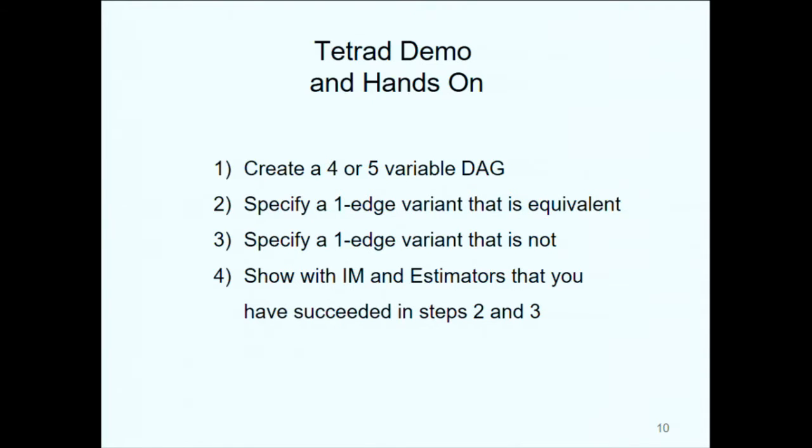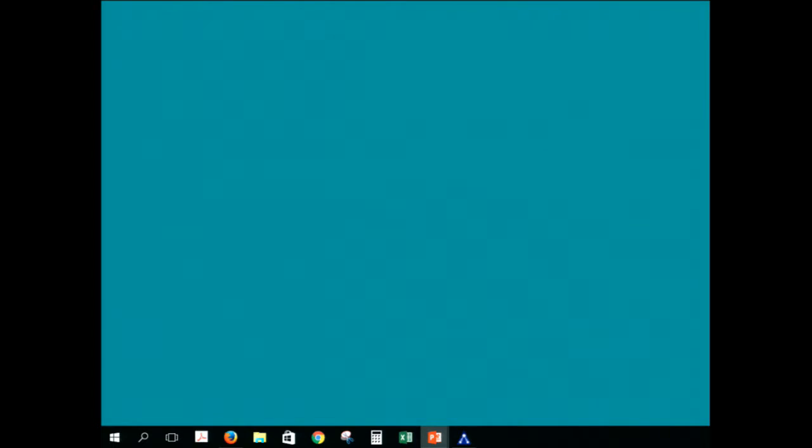Then we're going to take the same graph and flip an edge to make the graph equivalent, and then do a different graph where we flip an edge to make it non-equivalent. Then generate data or test each one and make sure it's distinguishable. This is the same thing I did yesterday with the 4-variable graph, but let's just do another one.